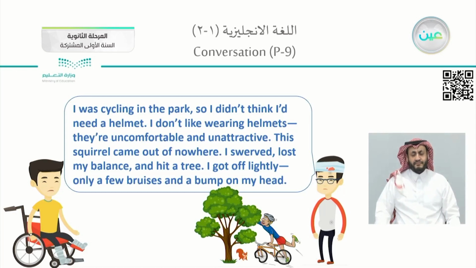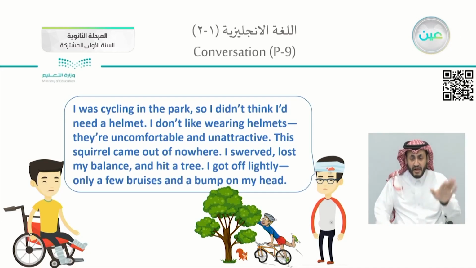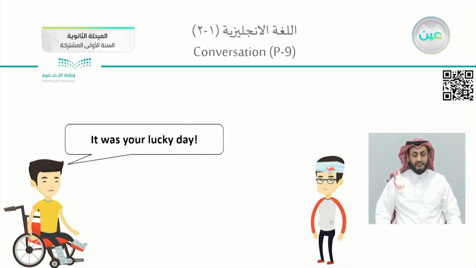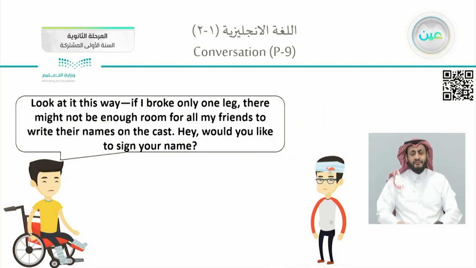I don't like wearing helmets, they're uncomfortable and unattractive. This squirrel came out of nowhere. I swerved, lost my balance, and hit a tree. I got off lightly, only a few bruises and a bump on my head. It was your lucky day. Yeah. That's too bad you broke both legs. You're going to be stuck in that wheelchair for a while, I guess. Look at it this way, if I broke only one leg, there might not be enough room for all my friends to write their names on the cast. Hey, would you like to sign your name?